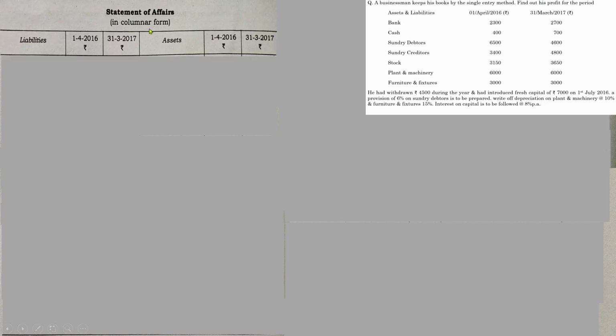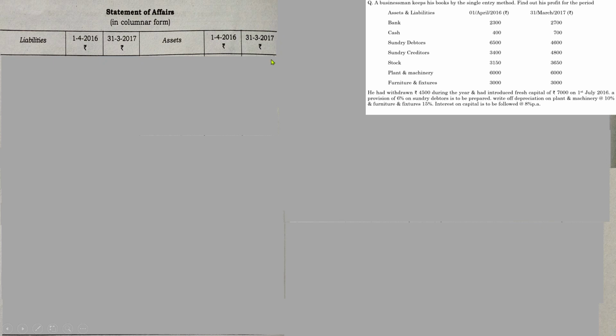This was the question with regard to the computation which we are going to deal with. First of all, the statement of affairs in a columnar form. What is the meaning of statement of affairs? We know that. What does columnar form mean?